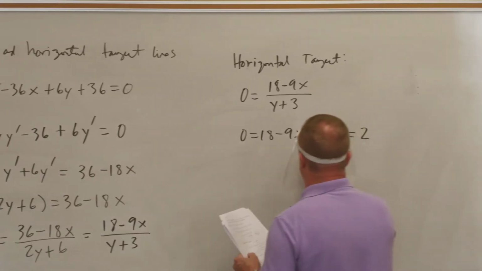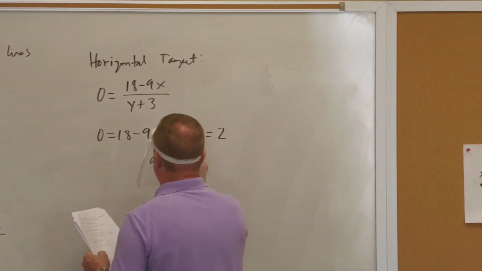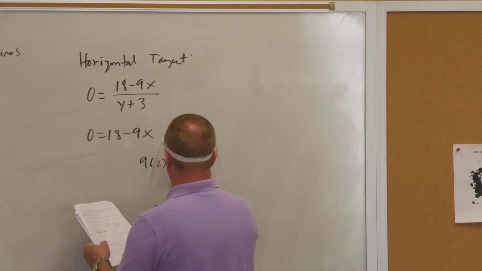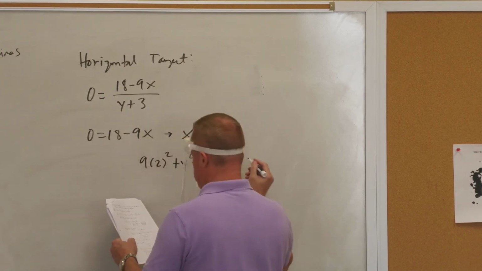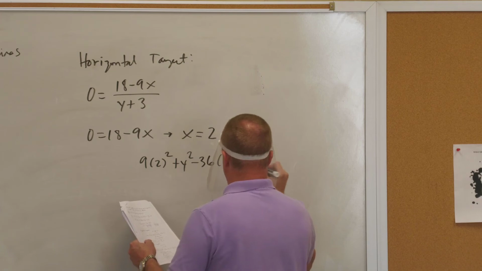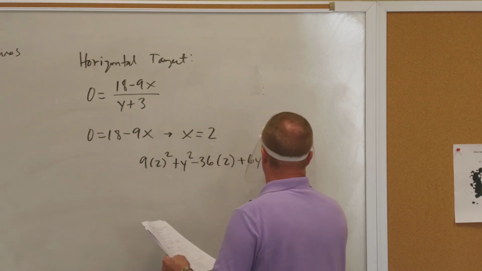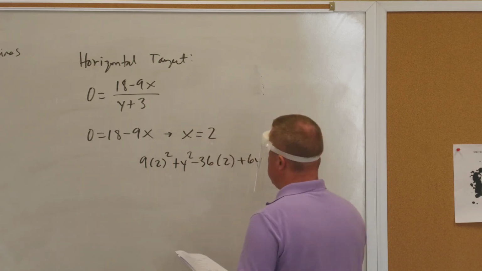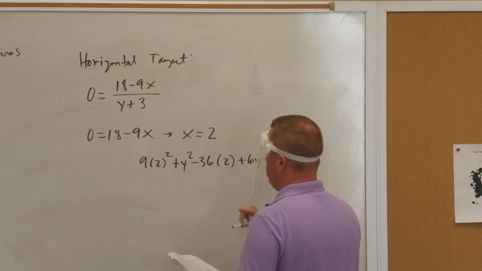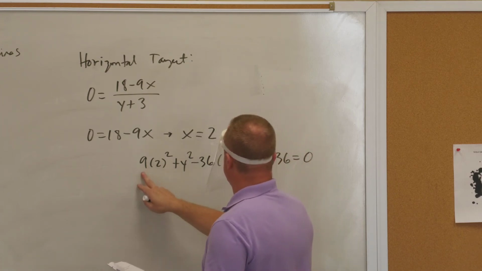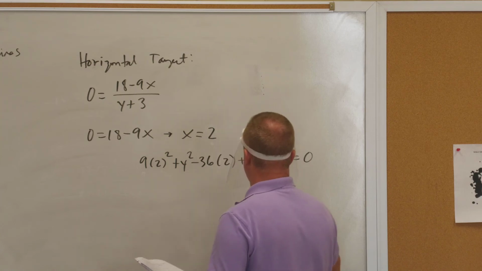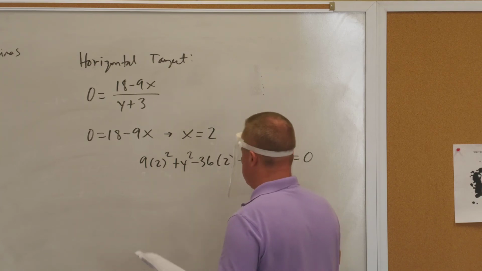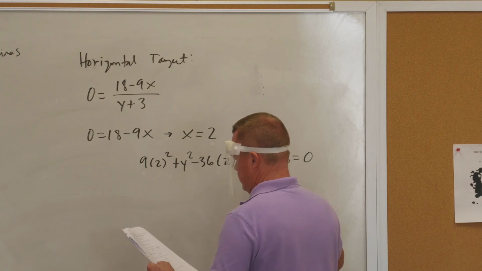So I will have 9 times 2 squared plus y squared minus 36 times 2 plus 6y plus 36 equals 0. All right. So this will be 4 times 9 is 36, minus 72, plus 36. So that's just 0.